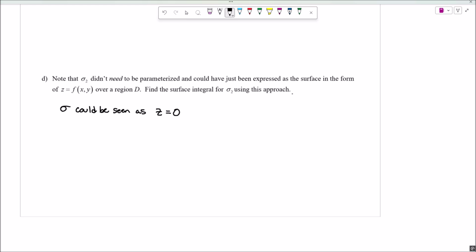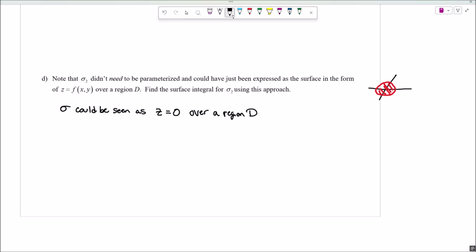So we're dealing with the plane z equals 0, but just a restricted version of that plane. So we're looking at z equals 0 over a region D. That is that circular region we had down there in the xy plane.